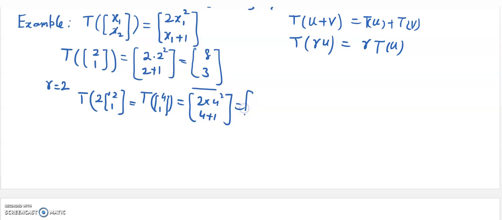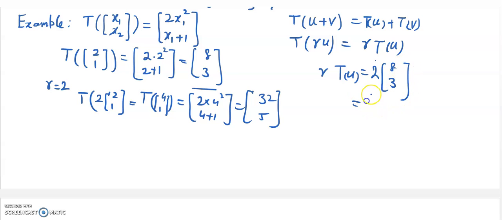So it will be a different value, (32, 5). And r times T(u), with r as 2 and T(u) as (8, 3), will be (16, 6).